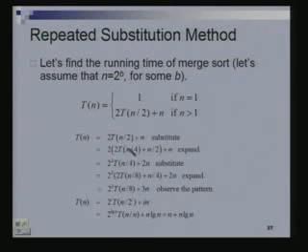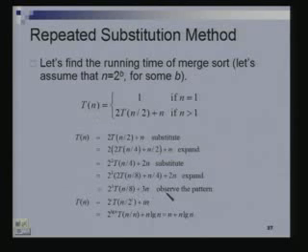So, this part's half is coming in here, and whatever is here comes again, plus n, and now I just expand this, which means I write it as 2 squared T of n by 4 plus 2n. Once again I substitute for T of n by 4 and I expand to get this.